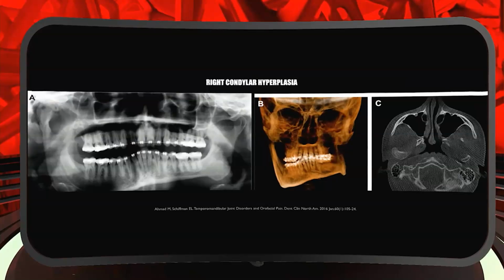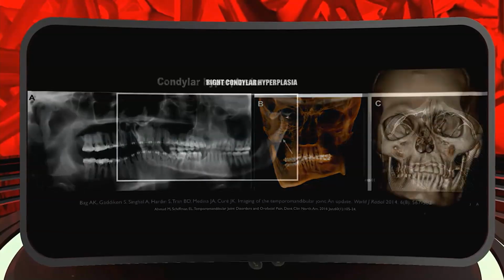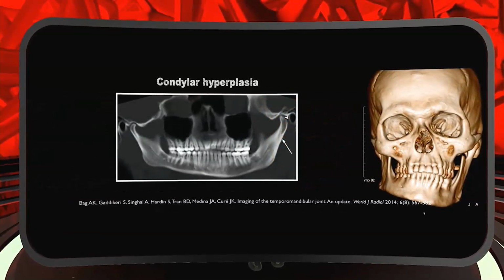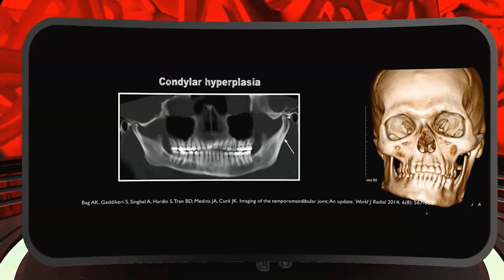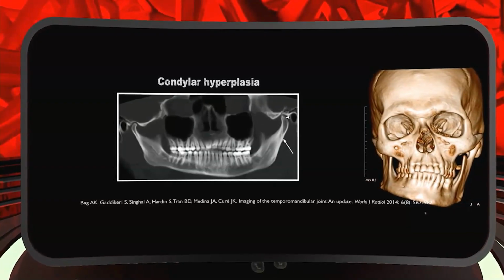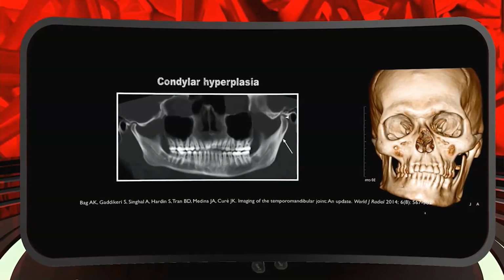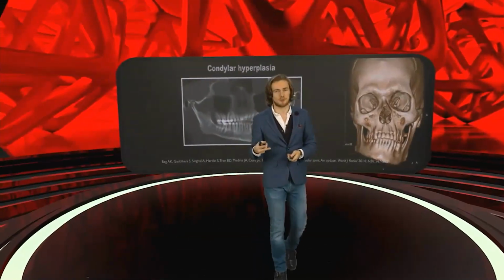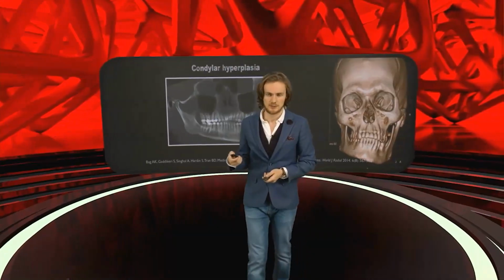You see the ramus of the mandible? It is huge. The same condylar hyperplasia you see in here. There's a big difference between the right one and the left one. You can clearly see it on a CBCT, but you could also notice that on the panoramic X-ray.